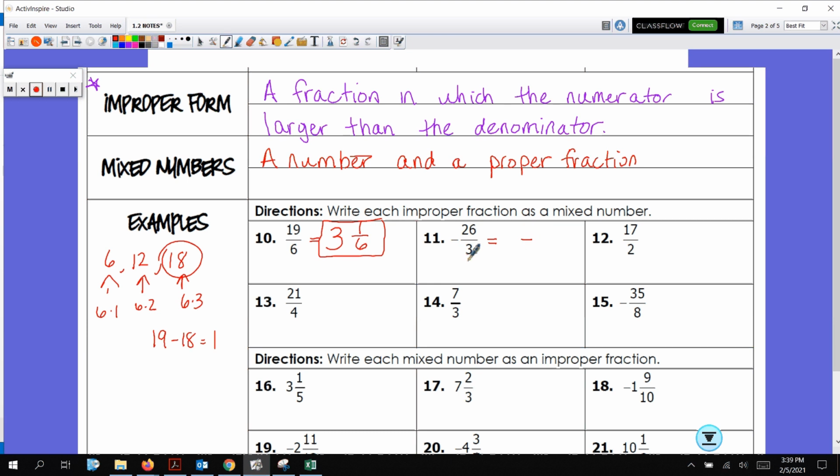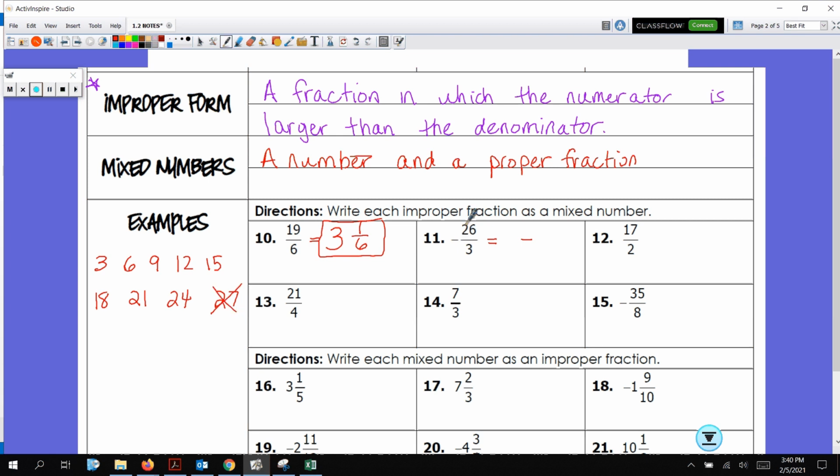If you think about the multiples of 3, I'm just going to erase what I have over here and start over again. 3 times 1 is 3, 3 times 2 is 6, 3 times 3 is 9, 3 times 4 is 12, 3 times 5 is 15, 3 times 6 is 18, 3 times 7 is 21, 3 times 8 is 24, 3 times 9 is 27. 27 is too big.